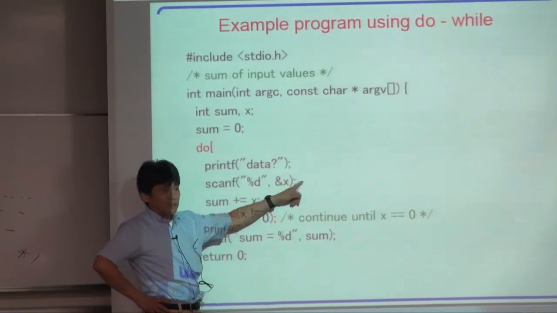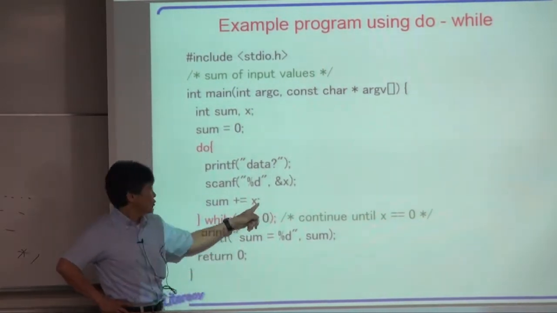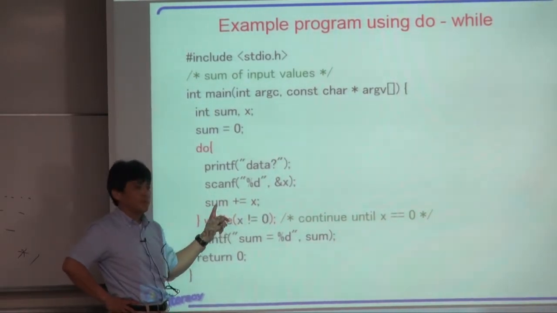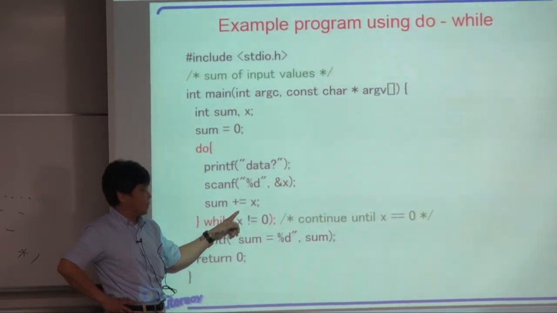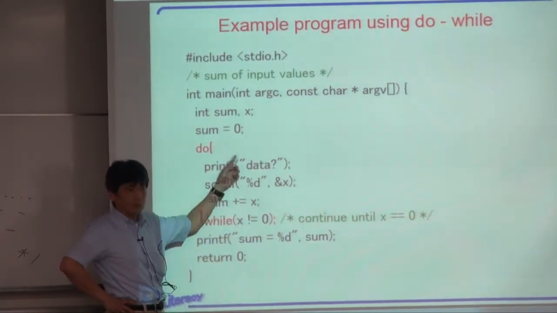Then you can enter any other value for the x variable. If you enter 2, in this case sum becomes 3. This also becomes true, so this block is executed again.